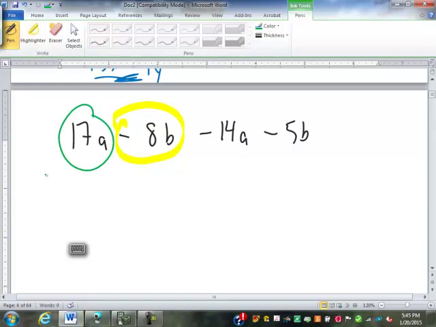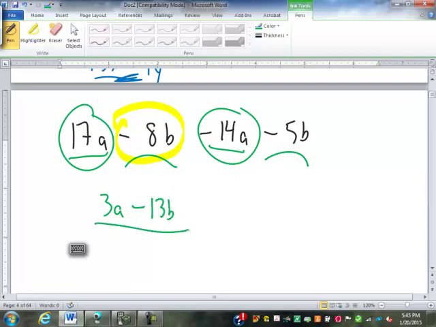It's going to combine with the 14a, but it's not really 14a. It is negative 14a. 17 and negative 14 make 3a. We keep the same name. For b, negative 8 and negative 5 make negative 13b. Now, since there's a negative in there already, there's already a symbol in between them linking them together. So we just leave it like that. We don't have to add a plus in there if we don't want to.